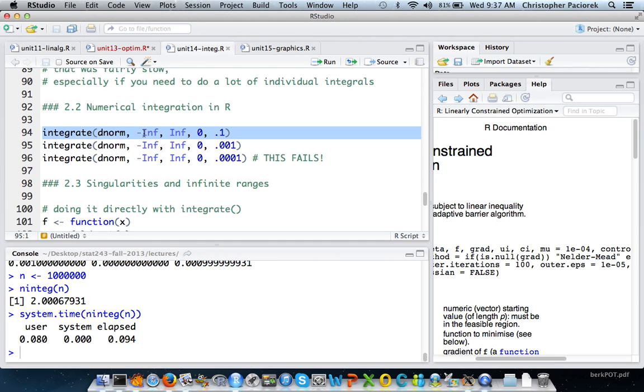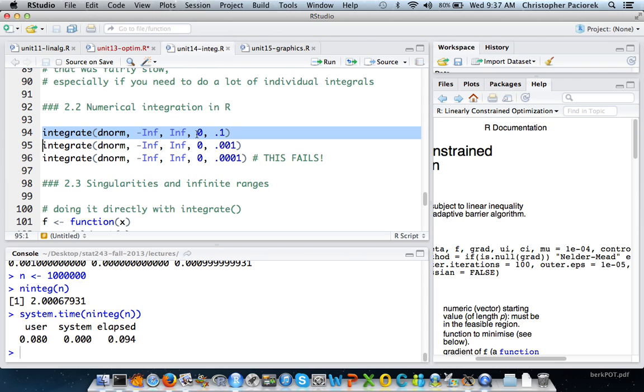So we want it to have some f of x where x can be a vector, and the result is going to be f evaluated at each of the values in the vector x. And then the next two arguments are the lower endpoint and the upper endpoint of where we want to calculate the integral. And you can give it minus infinity and plus infinity, so it will work with unbounded domains.